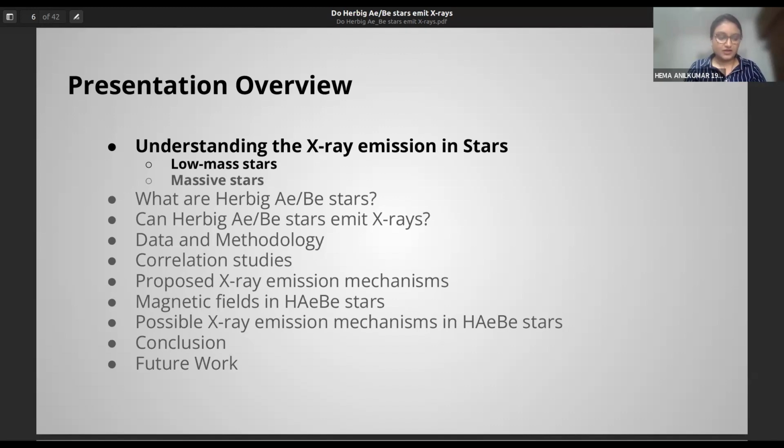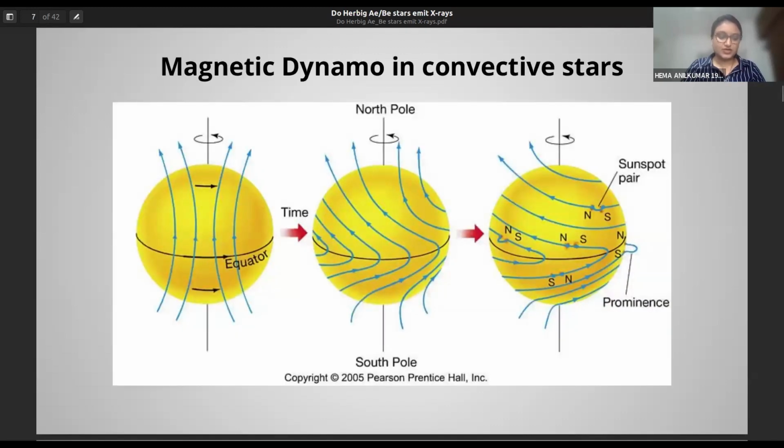And they have lower core temperatures, which leads to slower burning. So as a result, we find a lot of heavier elements present in the photosphere of these stars, making convection the main source of energy transport. In these stars, we also expect a certain type of dynamo to be at work for the production of X-rays, which is still an active field of research.